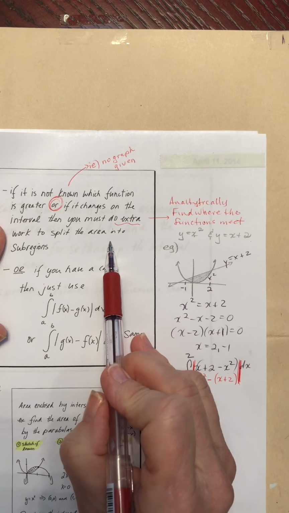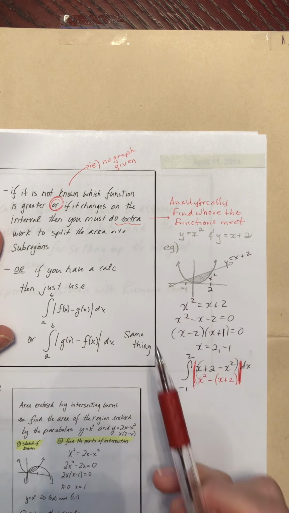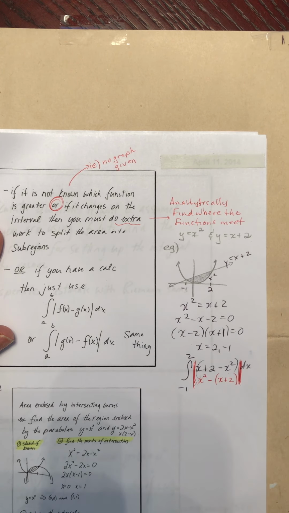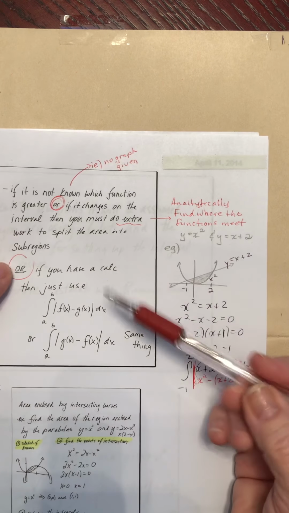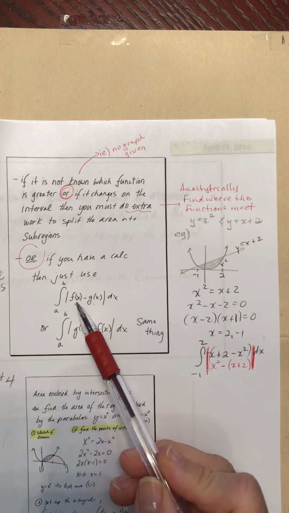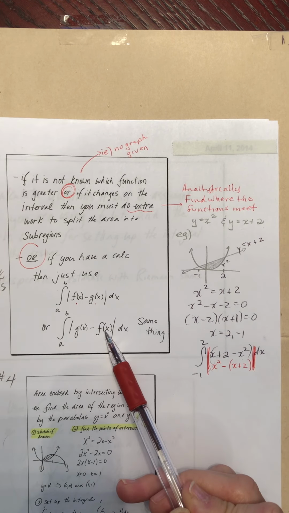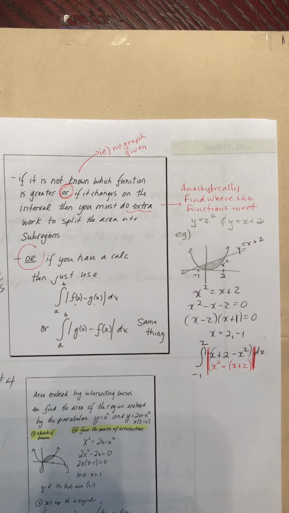If you have to do something by hand, you definitely have to know where the region begins and ends. If you can see high and low, that's less work for you. But simply if you're doing a calculator, there's a function minus the other function. If you don't know for sure which is low and high, maybe this was the right situation, just absolute value it. Okay, next one here.